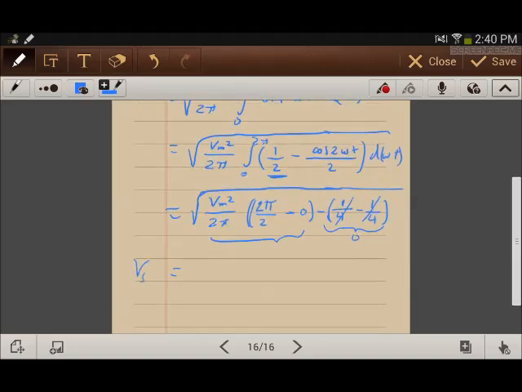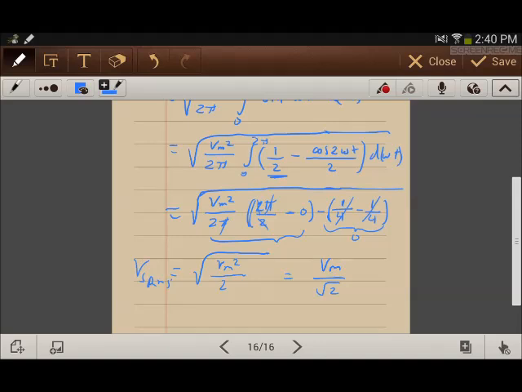So Vs RMS will give me V maximum square over 2, the 2 goes with the 2, the pi goes with the pi, so over 2. So the final answer is V maximum over root 2.